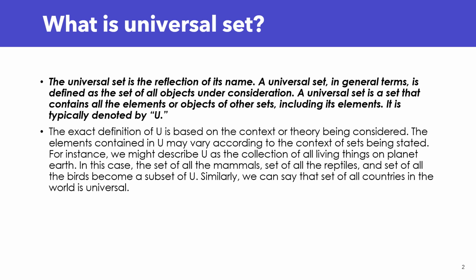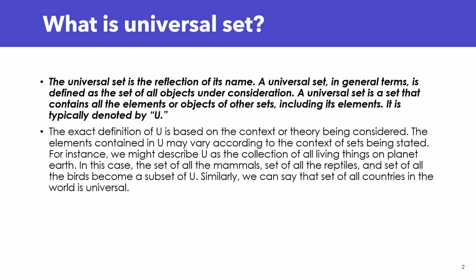The exact definition of U, or universal set, is based on the context or theory being considered. The elements contained in U may vary according to the context of the sets being stated. For instance, we might define the universal set as the collection of all things on planet Earth. In this case, the set of all mammals, the set of all reptiles, and the set of all birds become subsets of the universe.